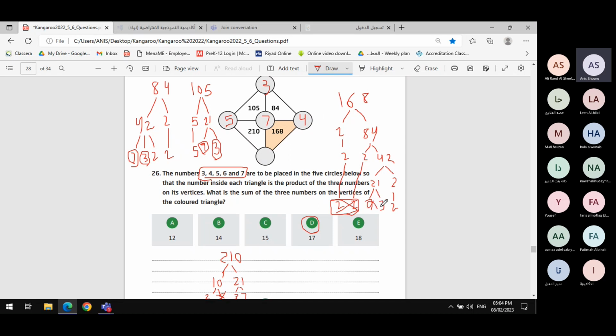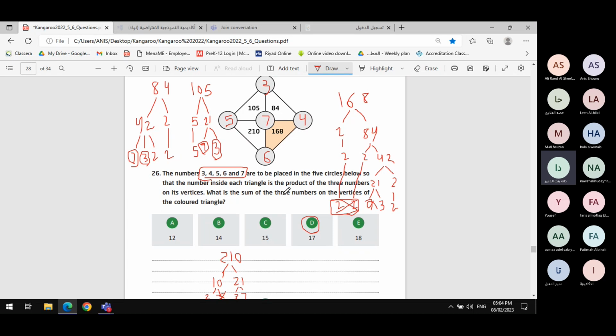I still have 3 times 2, which equals 6. And for 210, 3 times 2 is 6, 7, 5. So those numbers, when multiplied, are equal to 210. So now all the numbers are 3, 4, 5, 6, and 7.